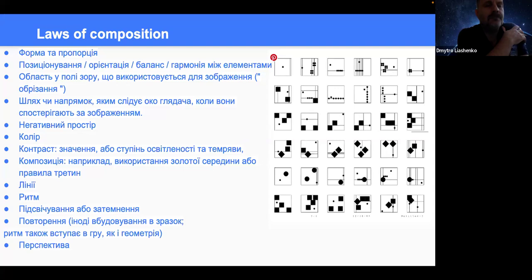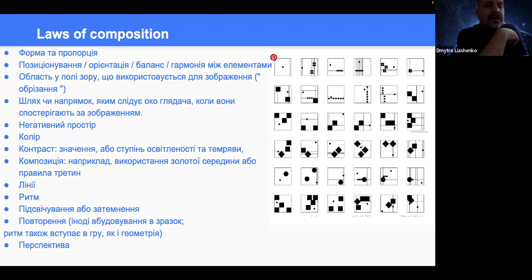Parts of our paper, of our canvas, that we use for our picture. The way or direction in which our eye moves when we watch this representation. Negative space means the space between objects.